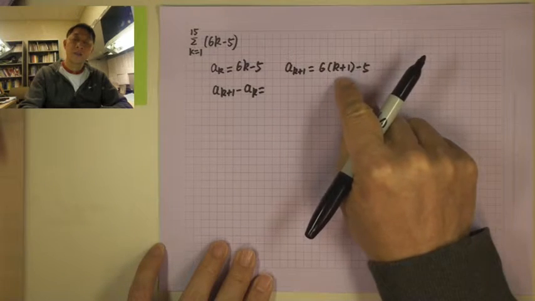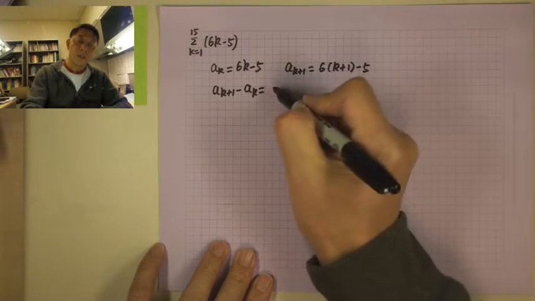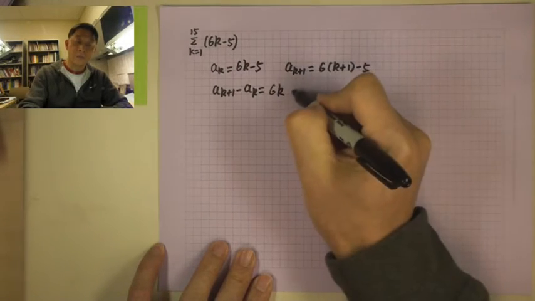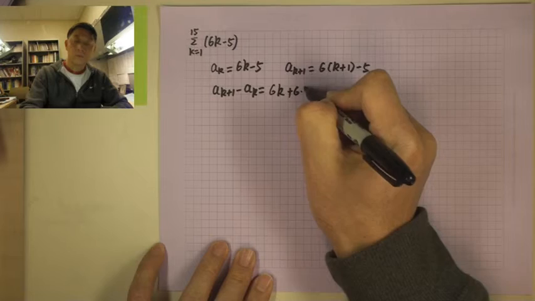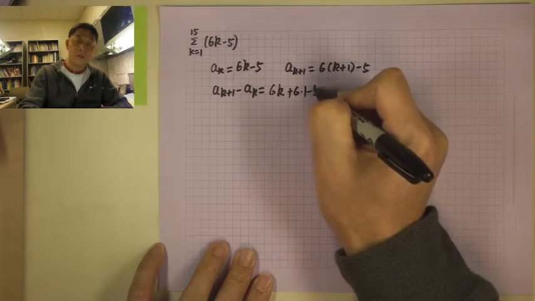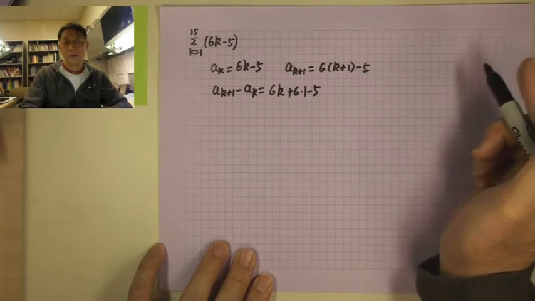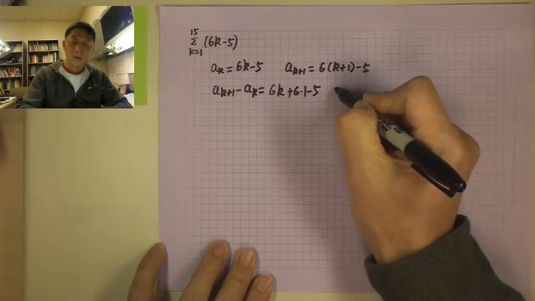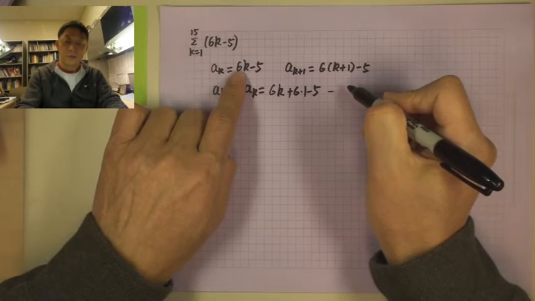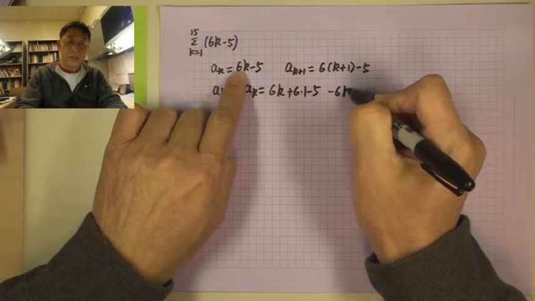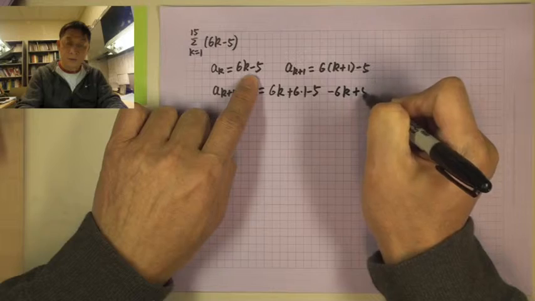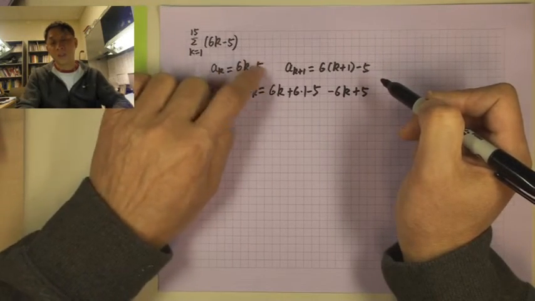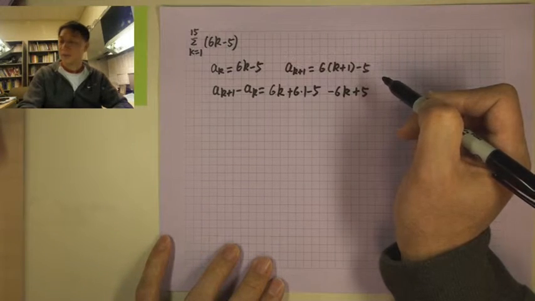Now 6(k plus 1), you have a 6k, and then 6 times 1, minus 5, that's for the last term, minus the previous term, that's minus (6k minus 5). Yeah, if it's minus the whole thing, you switch the sign for every term.